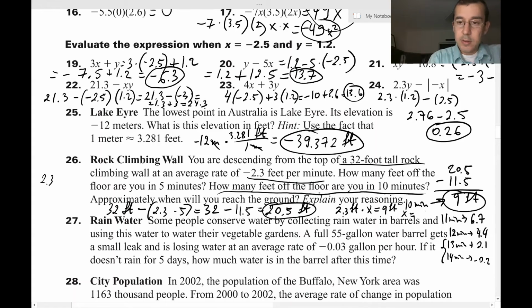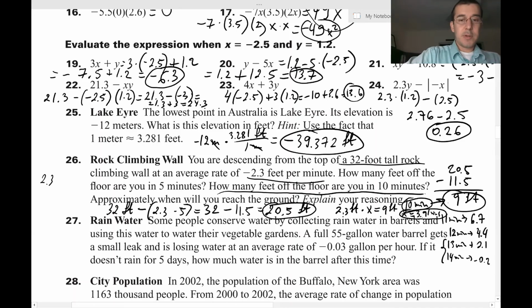So it's 3.91 minutes more you need after 10 minutes to reach the ground. So it's going to be 13.91 minutes. So it's between 13 and 14 minutes, or exactly 13.91 minutes. Okay.